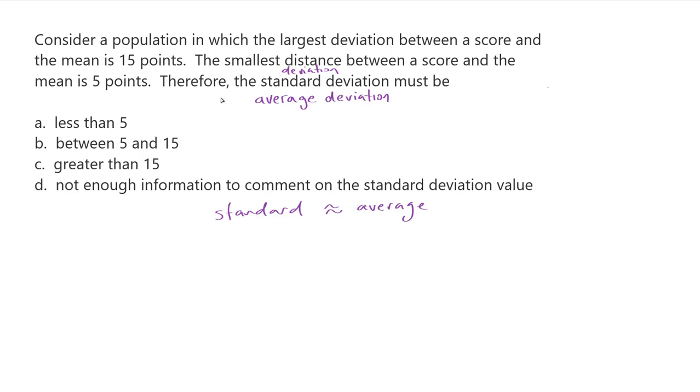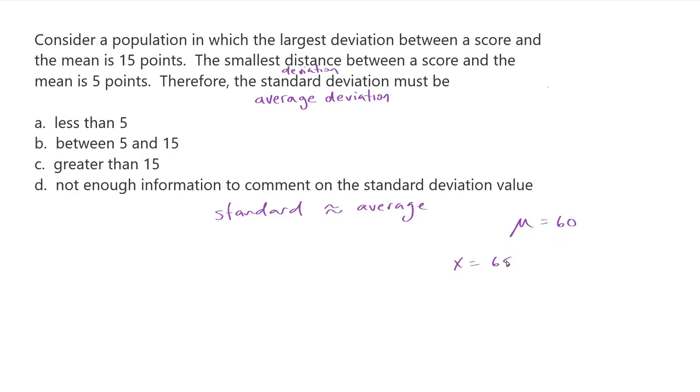So let's say, for example, that the average on an exam is 60, and your score is 65. So how much does your score deviate from the average?